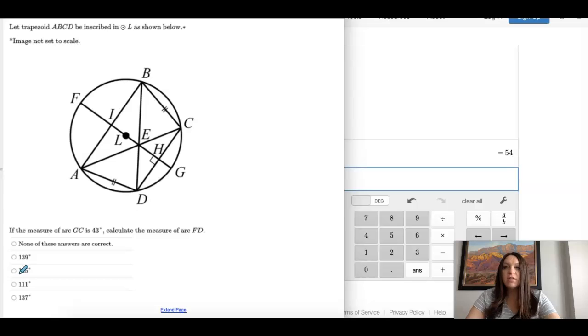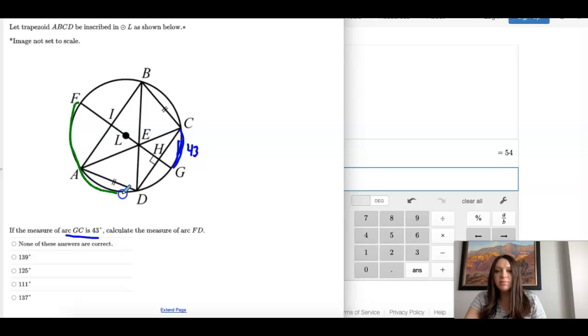Alright, let's look at another one. So now we have a trapezoid inscribed in a circle. And we know the measure of GC is 43. All right, and we're trying to find the measure of arc FD.